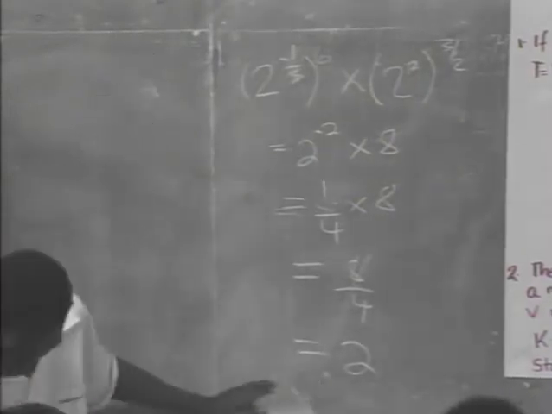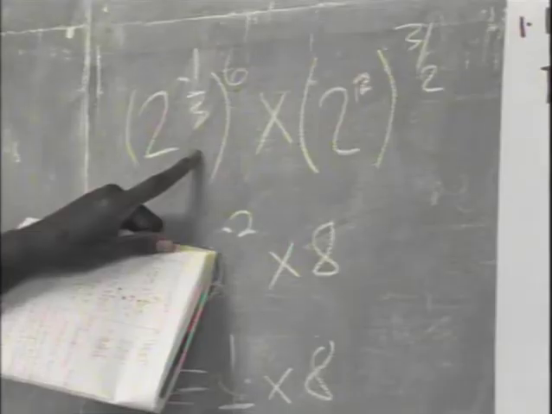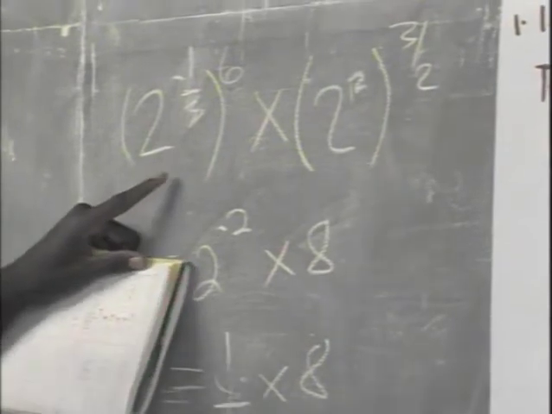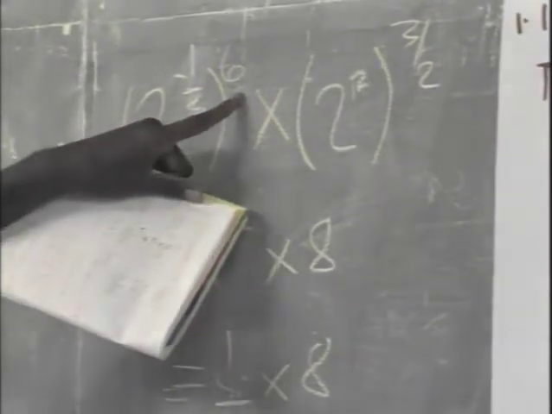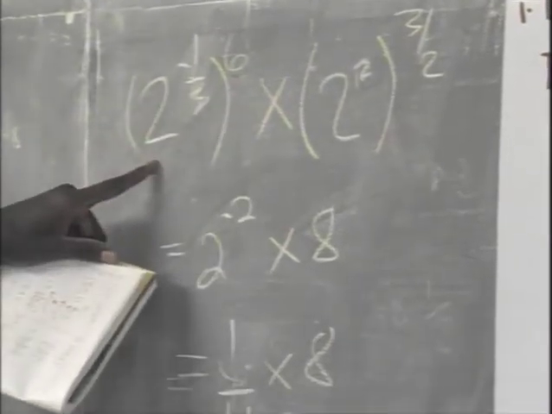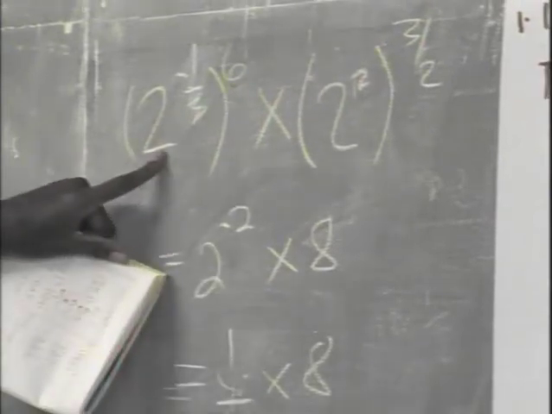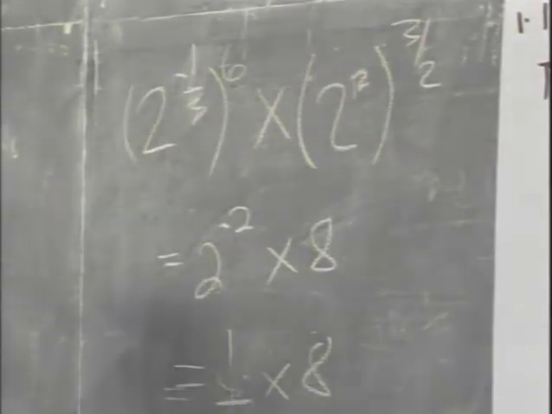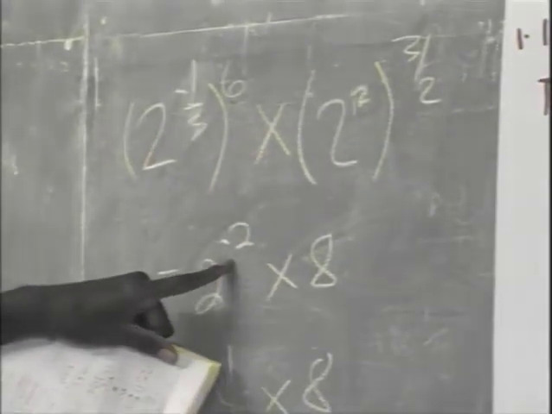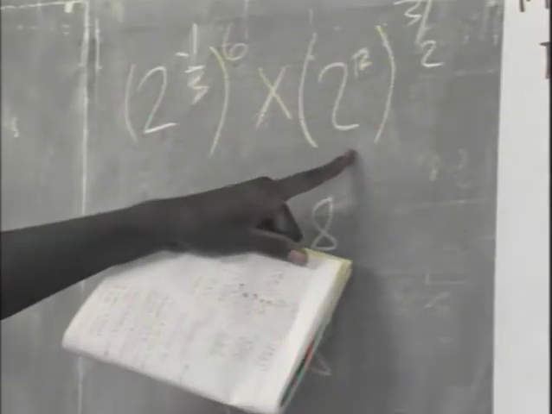Firstly, I multiply the indices. 2 raised to the power of negative 1 over 3 with the 6th power, from this I've got 2 raised to the power of negative 2. On this side, square the 2, I got 4.